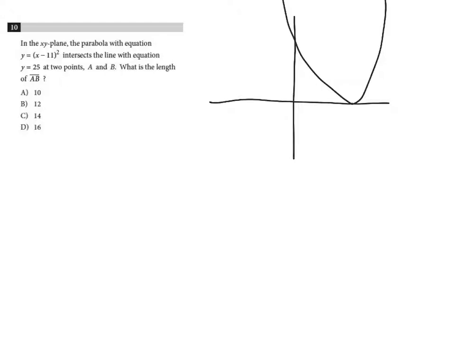And then we're going to have our y equals 25, which is just a horizontal line. And we want to know the length between these 2 points. So we need to find the coordinates of those 2 points. We want to know where these two equations are equal to one another, so I am going to set them as equal.